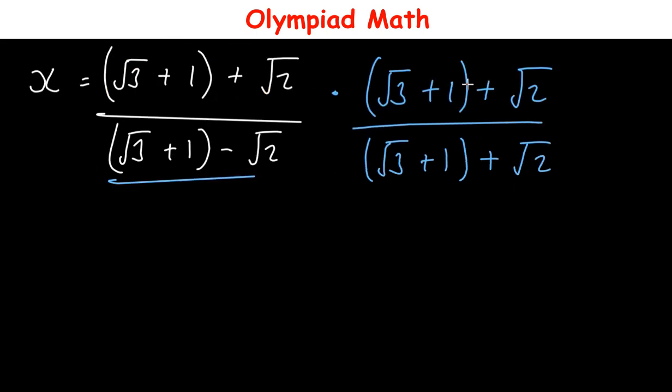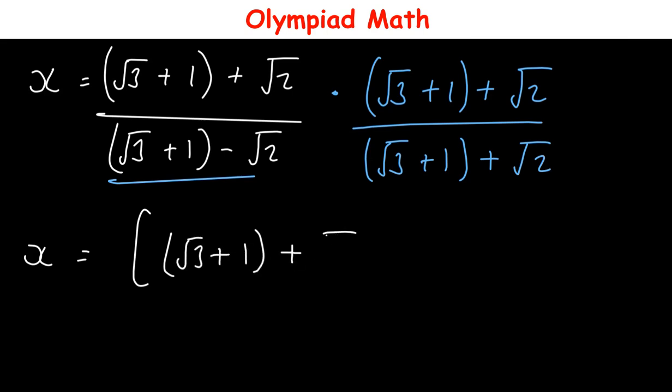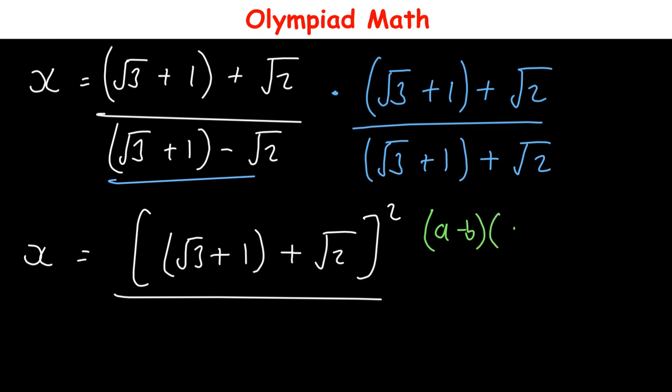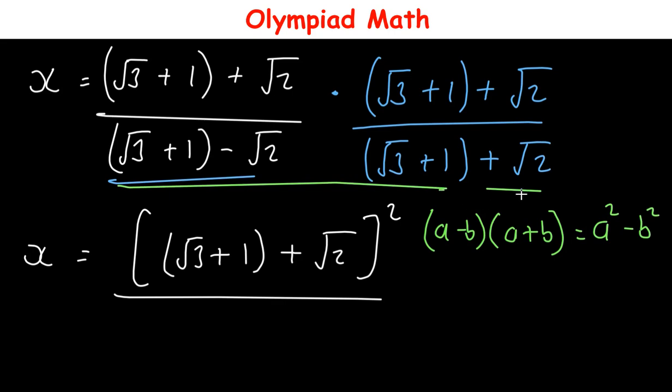So multiplying the numerator, the value of x is equal to, in bracket, square root of 3 plus 1, then plus square root of 2, all raised to power 2, and this is divided by, so making use of this rule, that if you have in bracket a minus b multiplied by a plus b, this equals a squared minus b squared. So this denominator follows this rule.